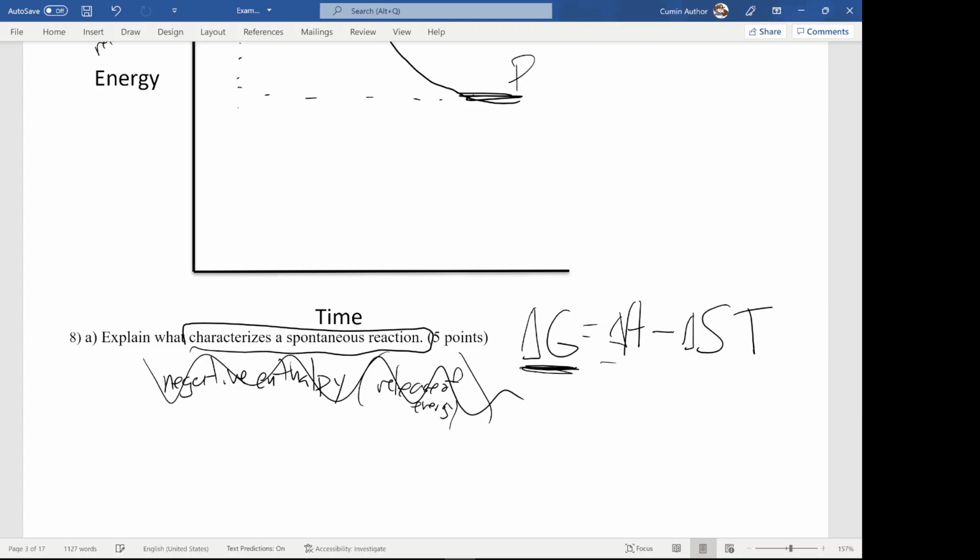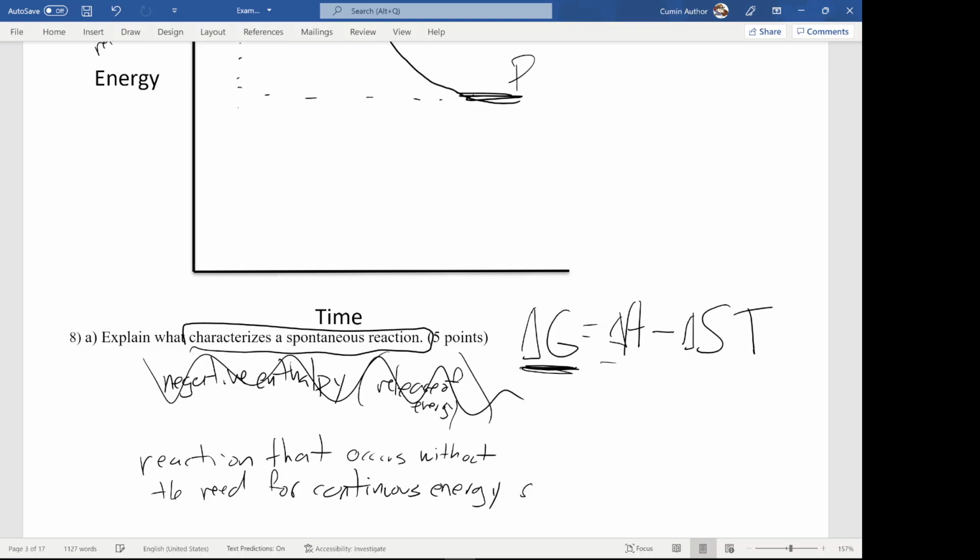All that this means is a reaction that occurs without the need for continuous energy supplied.